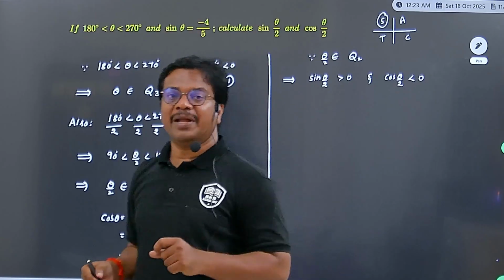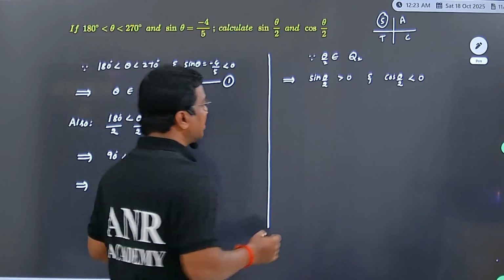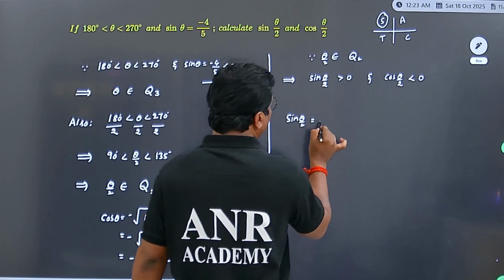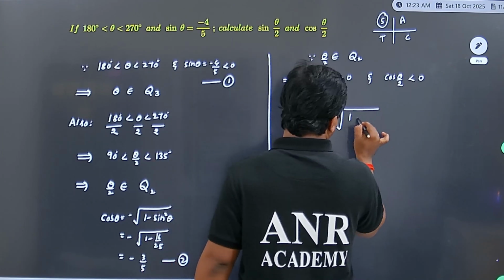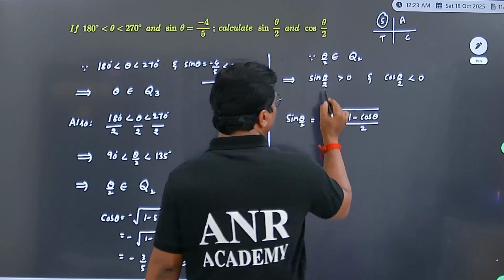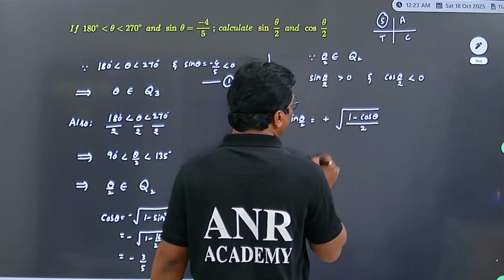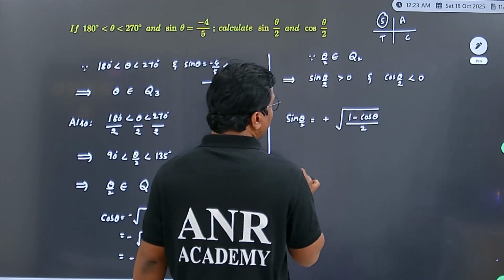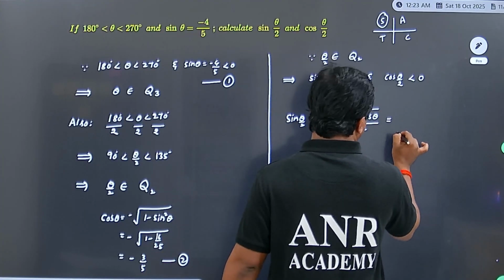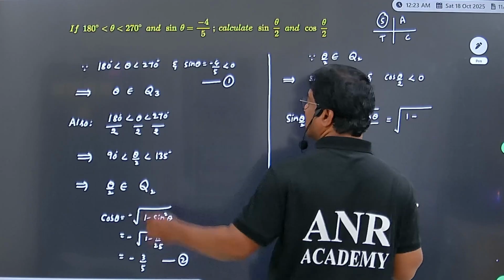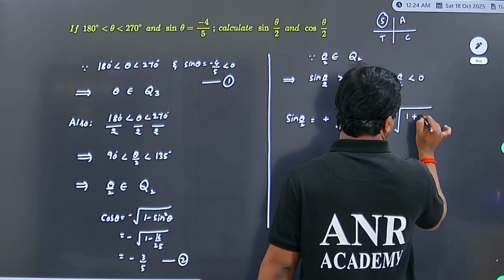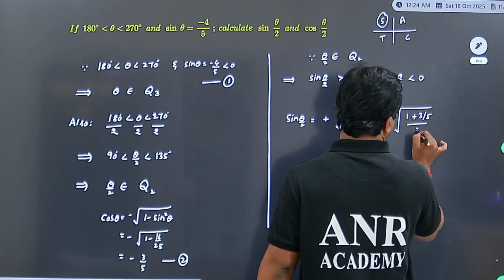And I am going to apply the half angle formula. Sin theta by 2 is written as root over 1 minus cos theta whole divided by 2, and sin theta by 2 is positive, so here you have to put positive sign. Next, from this what we get, root over 1 minus cos theta value here minus 3 by 5, so you get plus 3 by 5, by 2.